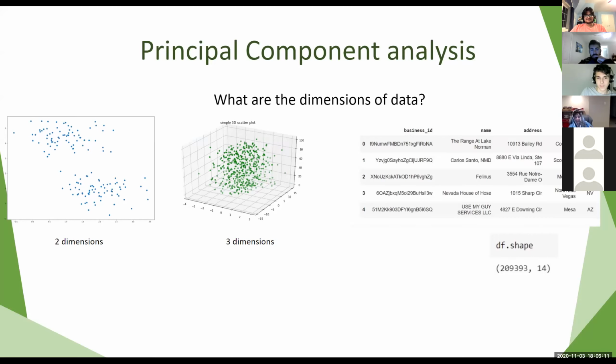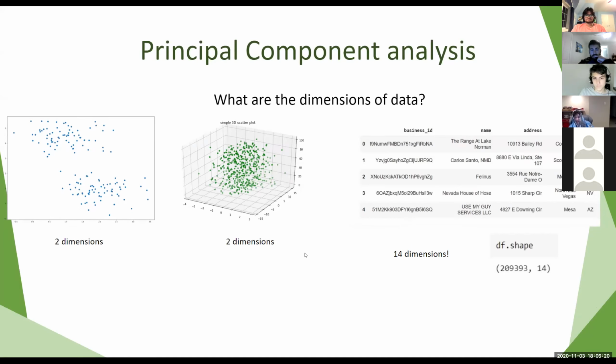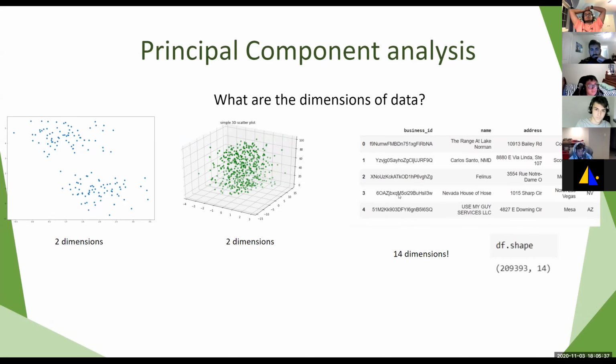Fahim says 14. Emma says 14. The answer is actually 14. There's 14 dimensions to the data. Each data point has 14 features. That's what we call a dimension. And this is kind of introducing the idea of dimensionality to data. Obviously there's no visual for this because you can't really visualize 14 dimensions, but I thought it just introduced the idea.